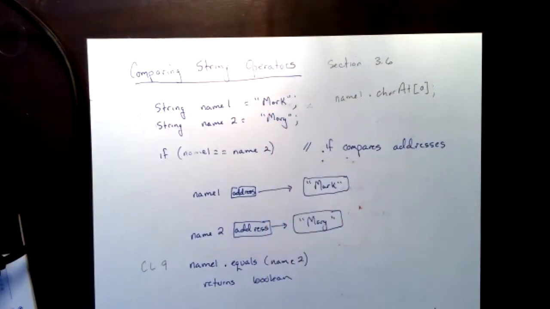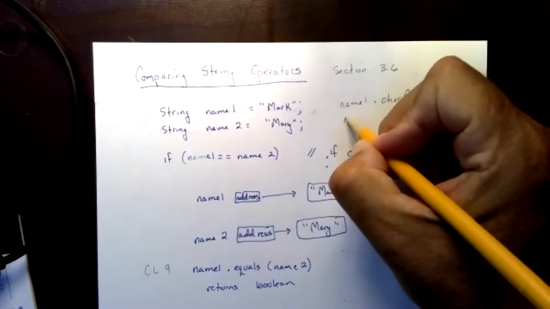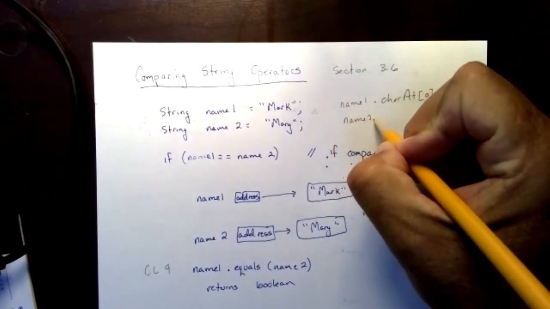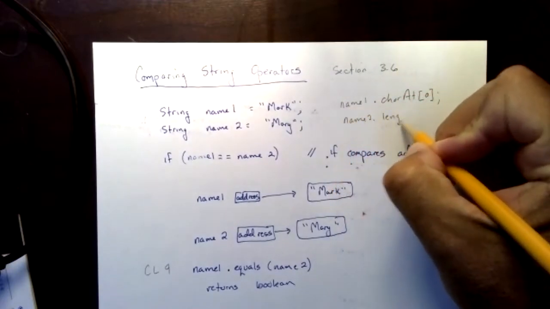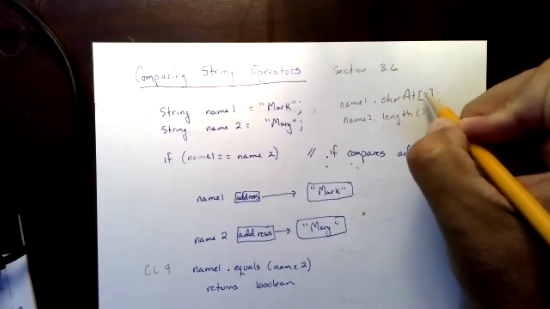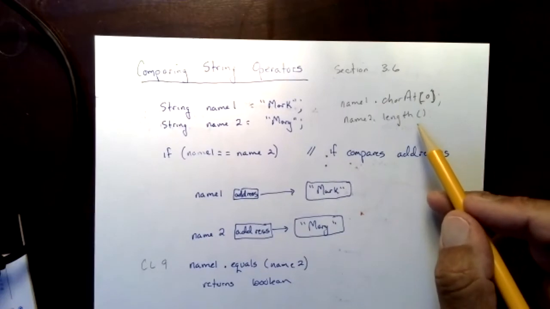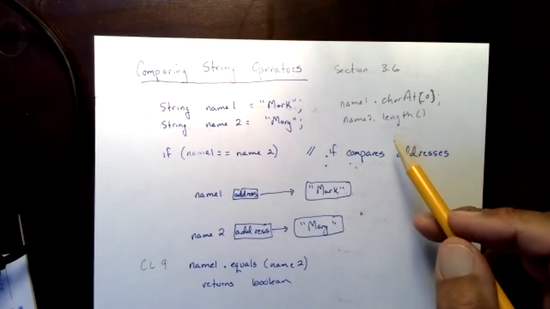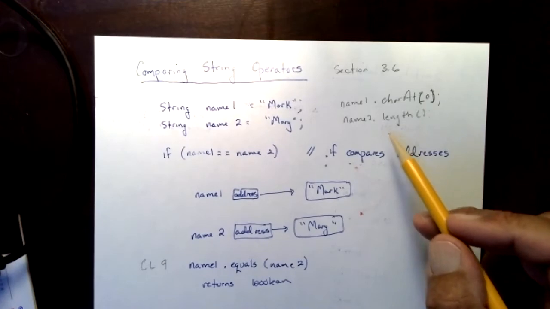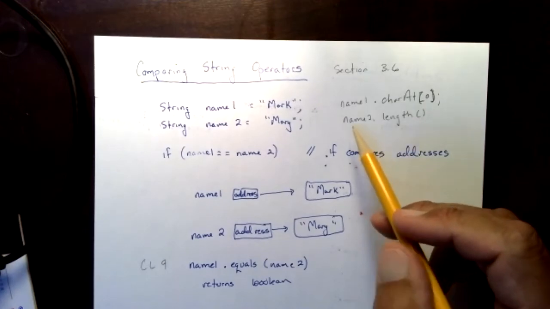So yeah, we did charAt, and we also did something like name2.length(). Actually, these are parentheses. And if I say, what's the length of name2, you should be telling me that it is 4, right?